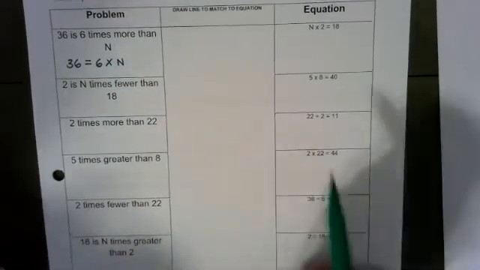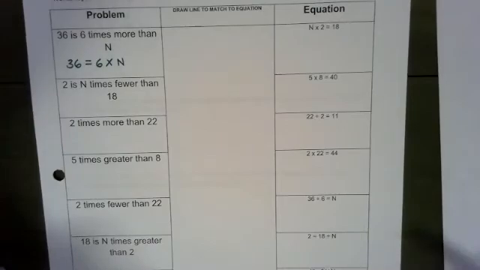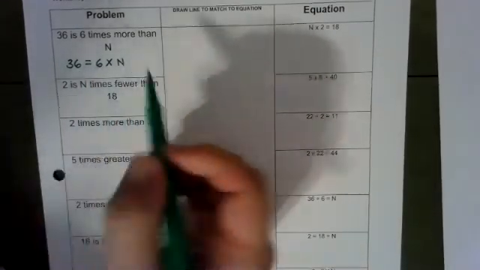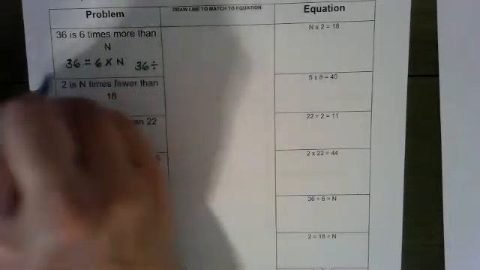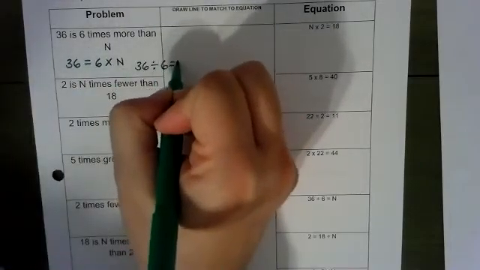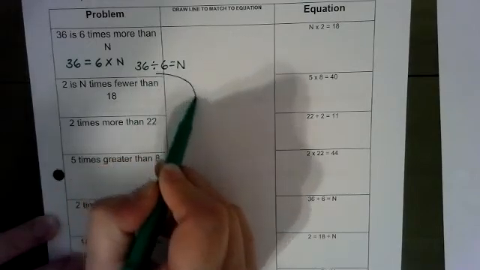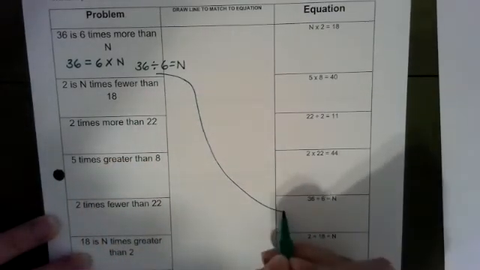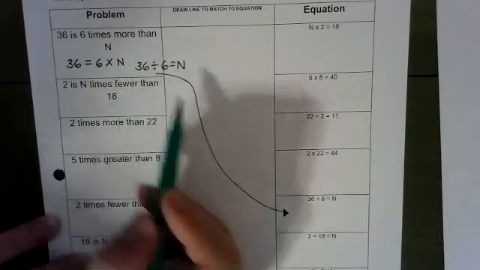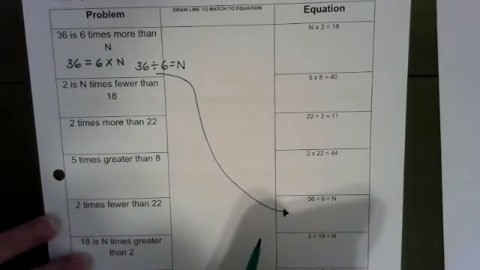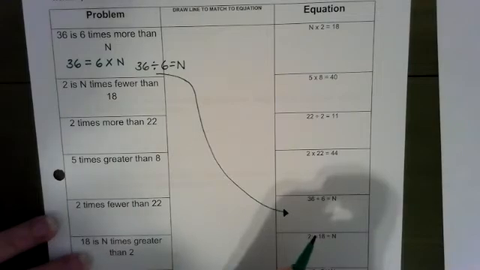But when I look in the side column, I don't see anything that matches that. However, I could also write this as 36 divided by 6 is equal to n, in which case this would match this equation here. Again, if you have this copy, you can draw the lines. If you don't have it, you can just write your answers on a piece of lined paper.